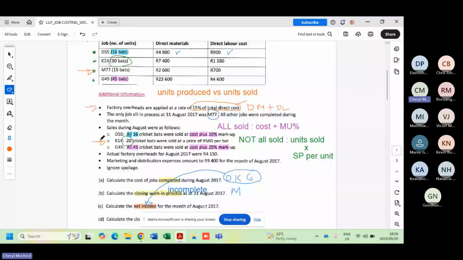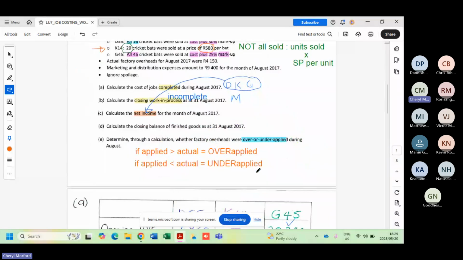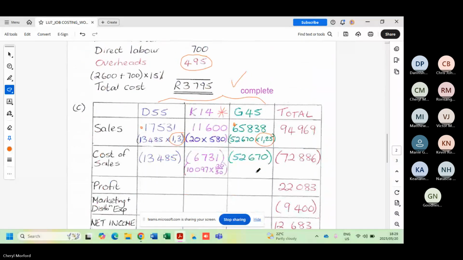How much? 580 each. So that's the most common sense one, isn't it? 580 Rand times 20 is what we're going to do over here. That gives me 11,600 sales for job K. Add them all together, gives me total over there of 94,969.